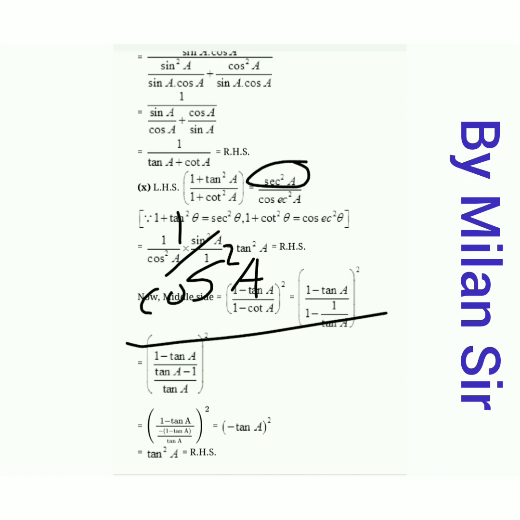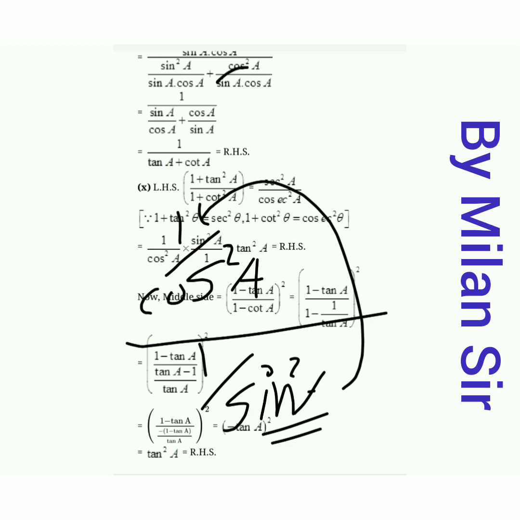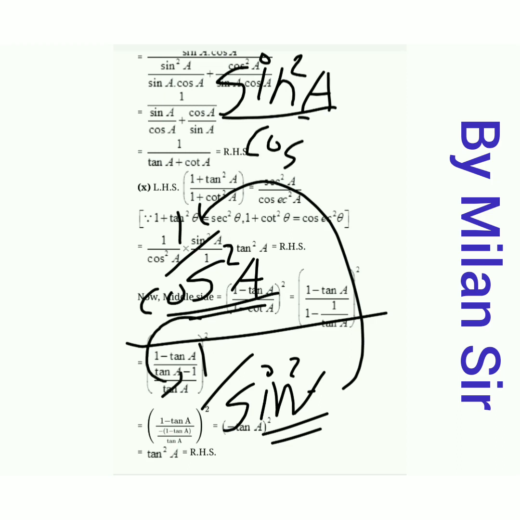And in the denominator cosec square a, we can write 1 upon sine square a, because cosec square is equal to 1 upon sine square a. Both are inverse, right? Now the denominator's denominator, that means sine square a, goes to the numerator, then multiplies with 1, so sine square a, right? Now this cos square a goes to the denominator and multiplies with 1, so it's cos square a.